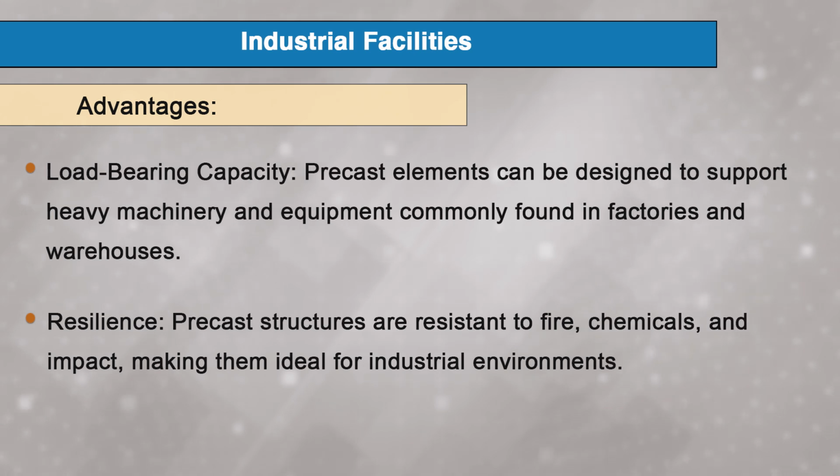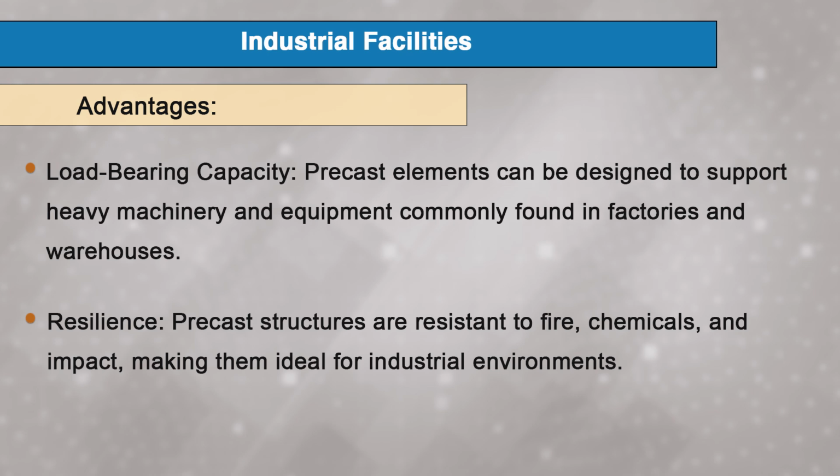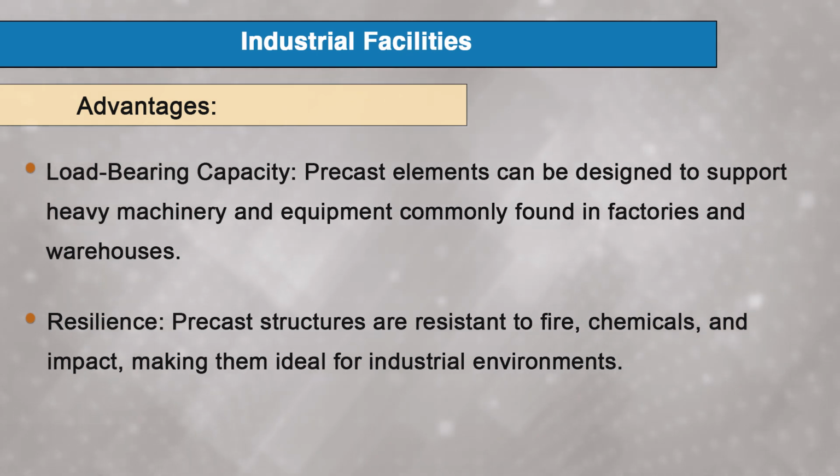If we talk about the resilience, precast structures are resistant to fire, chemicals and impact, making them ideal for industrial environments. Taking one example, a warehouse might use precast concrete panels for its exterior walls and precast beams for its roof structure, providing a sturdy, secure environment for storage and operations.